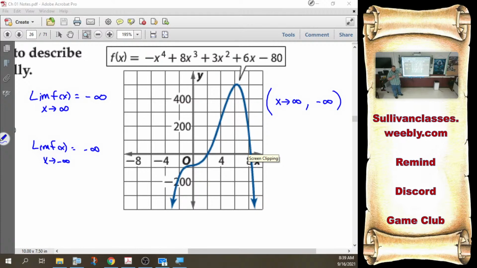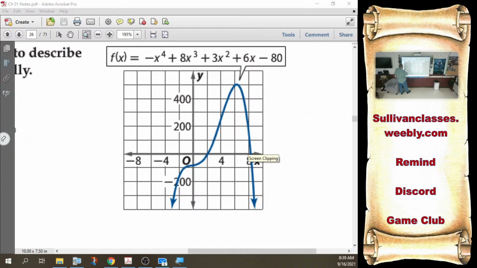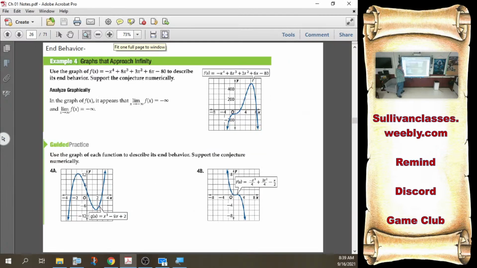So even if you don't come up to PreCalc, kids will still see a limit on an ACT, and they'll be like, well, x's, y, yeah, it's probably that one. At least gives you a shot, right? So that's all end behavior is. As my x's go here, my y's are going where? And sometimes that can be infinity.